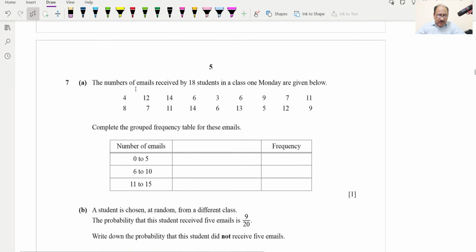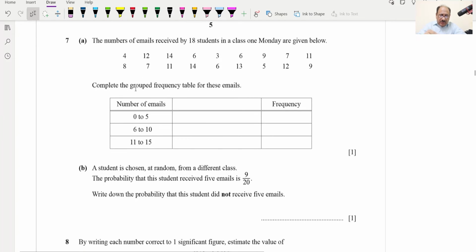Now question number 7a part. 7a part says the number of emails received by 18 students in a class one Monday are given below. Complete the grouped frequency table for these emails. So this is a tally chart frequency table.